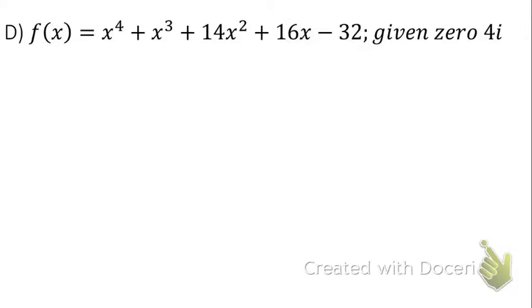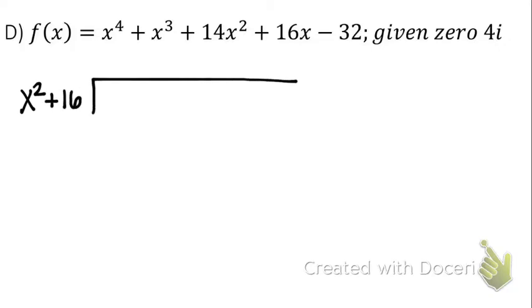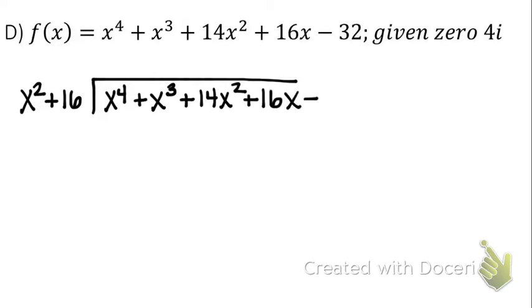So x squared plus 16 is the factor. And that's all I'm going to say. I'm going to quit talking. I'm just going to set it up for you. Just like that. And now you try to do your long division. We will pick up and go over this one tomorrow. But try to see how far you can get all by yourself.